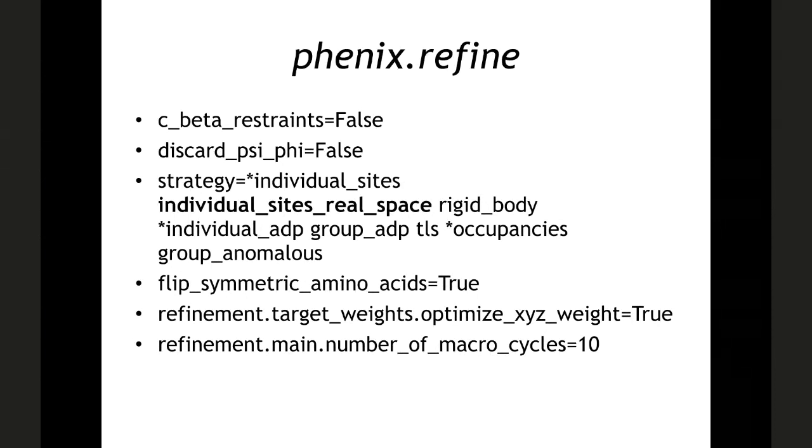The other thing we did was make sure that the macrocycles were larger than the default of 3, so that we could get much closer to convergence. And this is particularly true for two reasons. One, if the R-free flags were not in the download from the PDB, you need to optimize to convergence there.